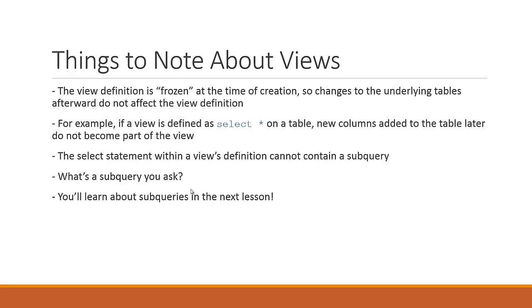So if I created the view called view transactions as select star from transactions, and then I went ahead and added a new column to the actual transactions table, like a transaction detail summary column, that new column would not appear inside of the view transactions view that I just created. Okay, because it's frozen at the time of creation.